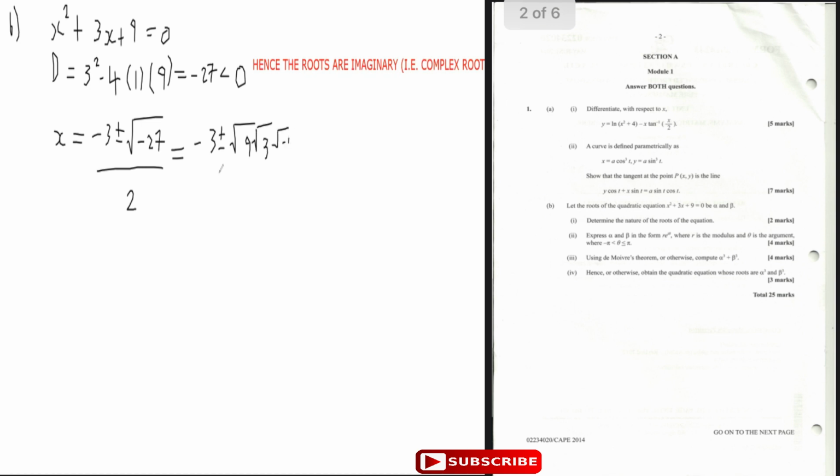The square root of 9 is 3, and the square root of minus 1 is i. So it works out to be minus 3 plus or minus 3 root 3 i, over 2.